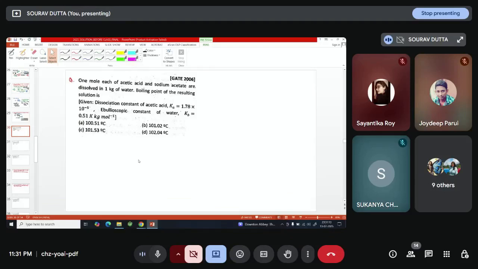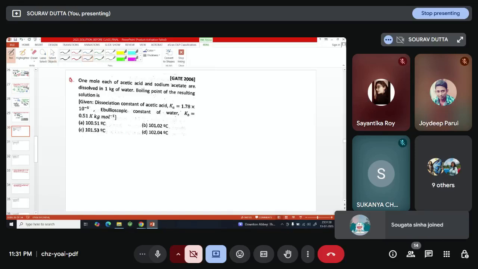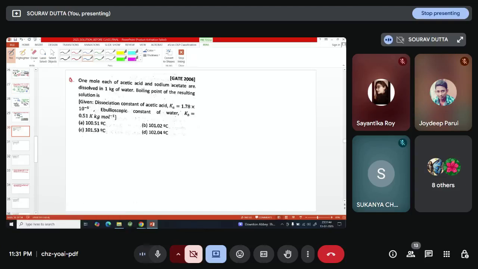Boiling point of the resulting solution you have to find out. দারুণ কোশ্চেন, GATE 2006 এ এসেছিল। আমি আগেও বলেছি, একই টাইপের প্রশ্ন আমি দুটো দিই না, নিশ্চয়ই কিছু নতুন আছে। 1 mole of each of acetic acid and sodium acetate, both are 1 moles.